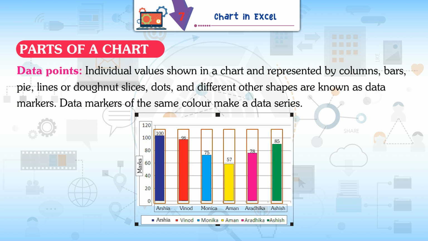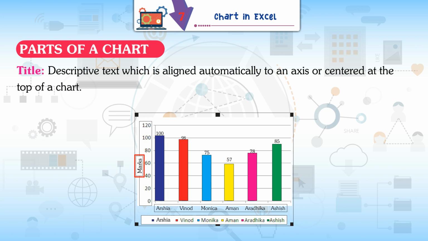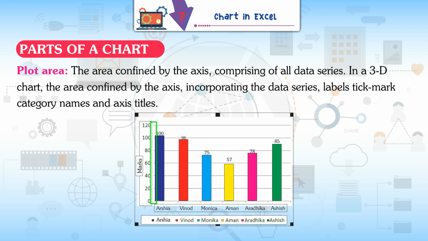Data points. Individual values shown in a chart and represented by columns, bars, pie or donut slices, lines, dots, and different other shapes are known as data markers. Data markers of the same color make a data series. Title. Descriptive text which is aligned automatically to an axis or centered at the top of a chart. Plot area.